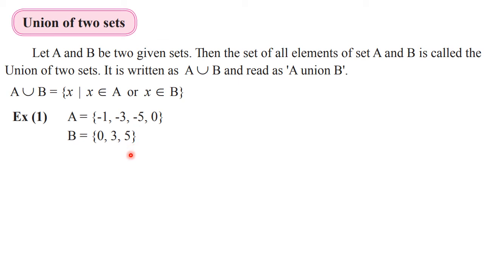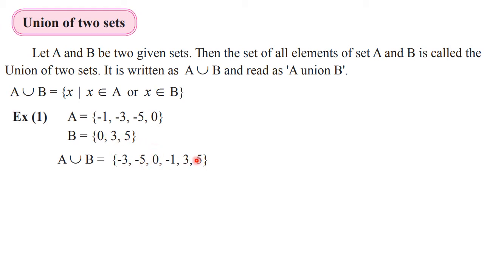So we can write down the union like this. Either you can write it in sequence or you can write it any way. The simplest method is, first of all, you copy down all the elements of set A. Then you write down the remaining elements from set B. So you can write it like this: -1, -3, -5, 0. Then 0 we will not write again, and 3 and 5.